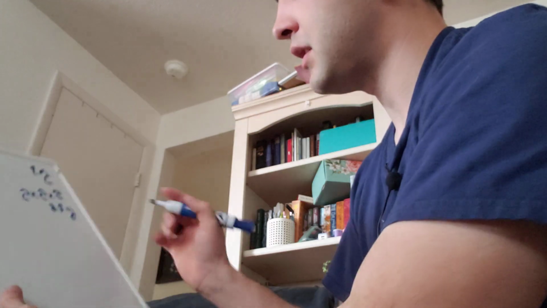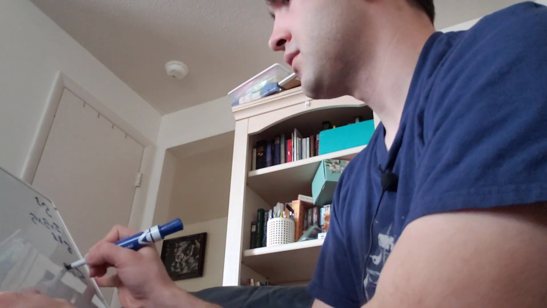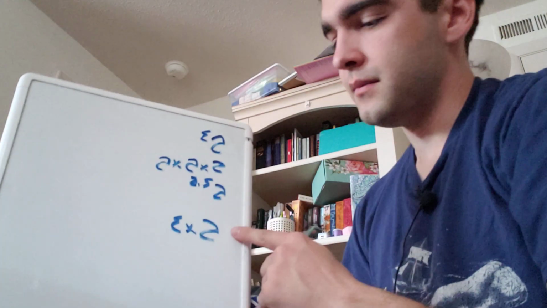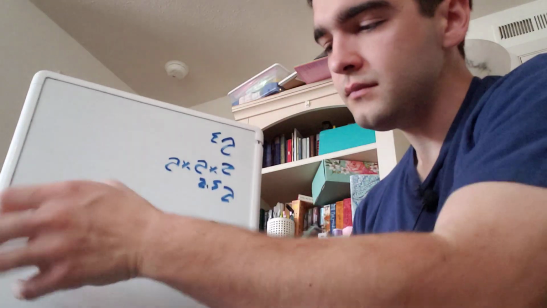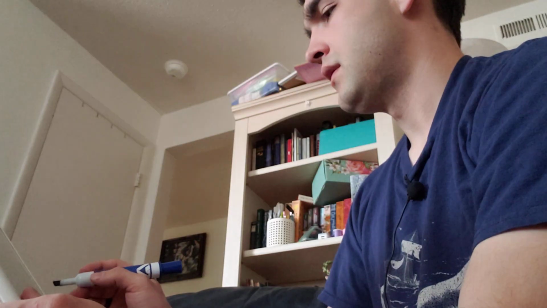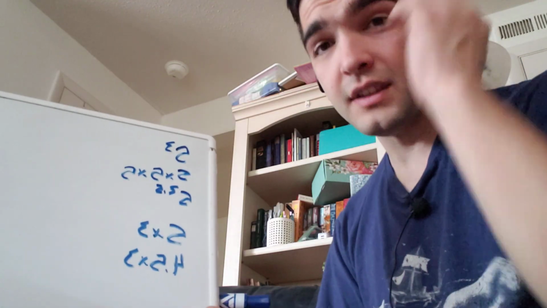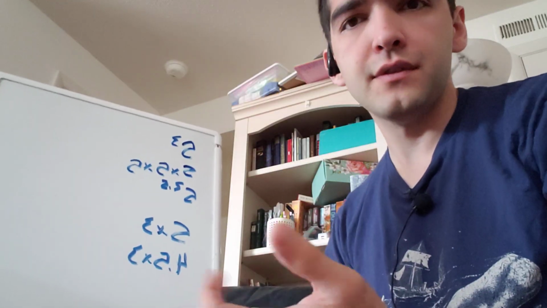Similar to multiplication, if you think of 5 times 3 as 5 groups of 3, then 4.5 times 3 might not make as much sense, because how can you have half a group? 4.5 groups of 3.